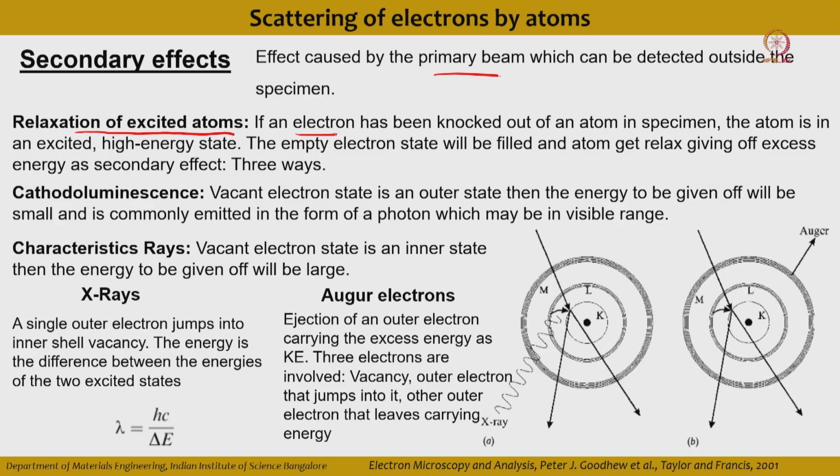If an electron has been knocked out of an atom in the specimen, the atom is in an excited state, an unstable, high energy state. The empty electron state, the space that has been created, will be filled and the atom gets relaxed, due to which it will give off the excess energy as a secondary effect.